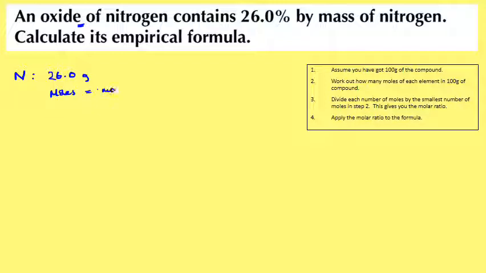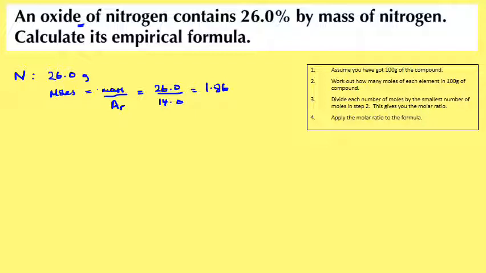Moles equals mass over, in this case, AR, because it's an element, and our mass is 26, and our AR for nitrogen is 14. Get that off your periodic table, and so that gives us 1.86 moles.